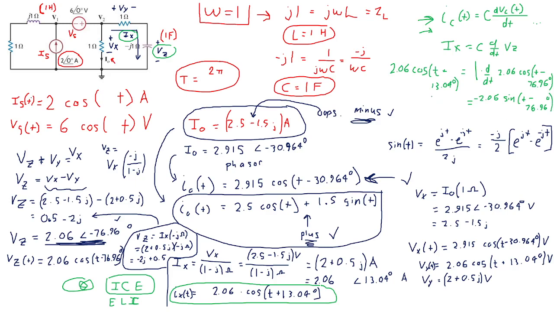Compare that to what the current is known to be from the phasor form. The phasor form tells us this is 2.06 cosine of t plus 13.04 degrees.